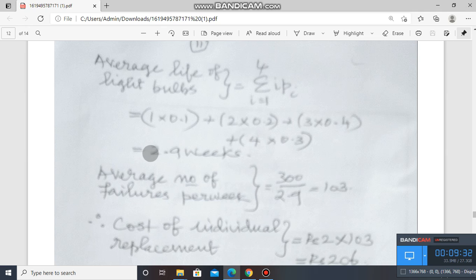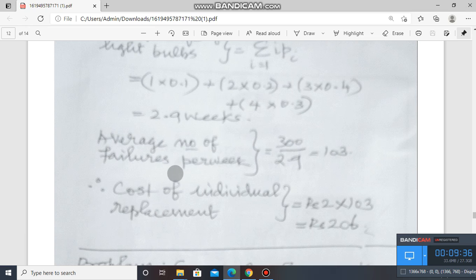So you get 2.9 weeks. Now the average number of failures per week is the total items 300 divided by 2.9, which gives 103. The individual cost is 2 rupees. You multiply that by 103, and you get the total replacement cost as rupees 206. Okay, thank you very much.